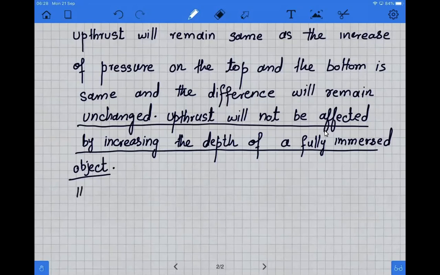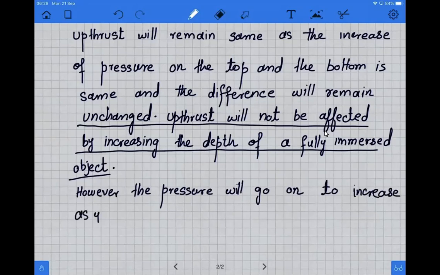However, the pressure will go on to increase as you increase the depth, as pressure is a scalar and it will not cancel out.